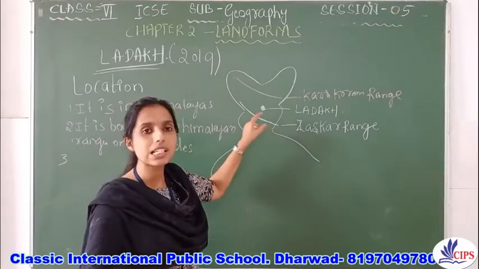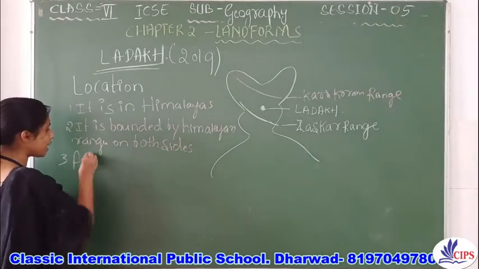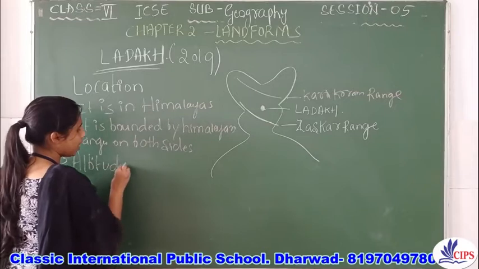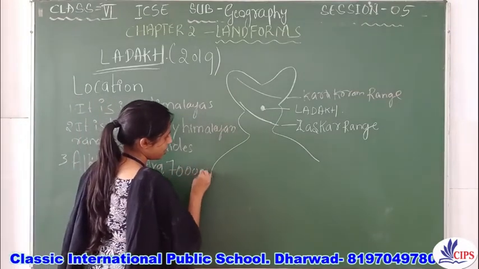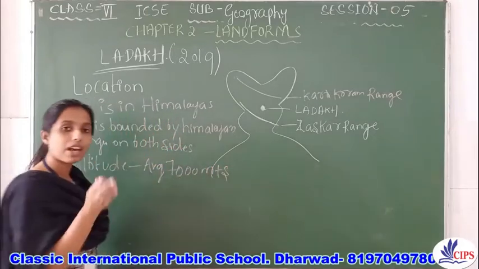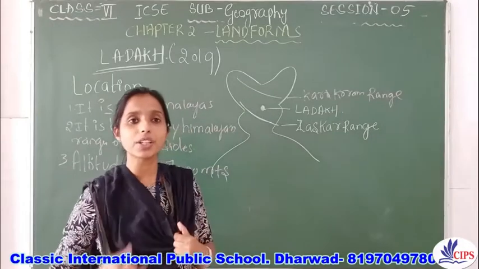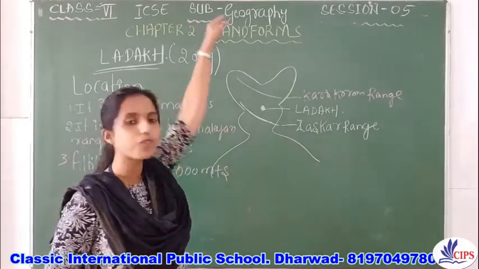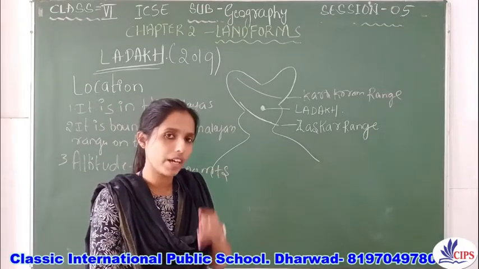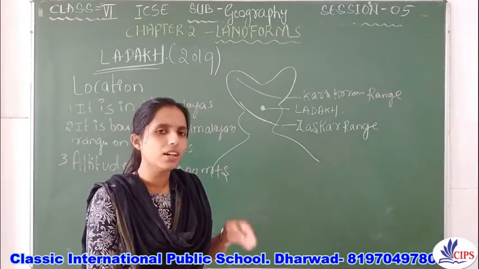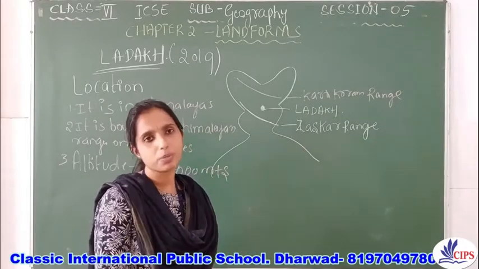That is true for this Ladakh because the altitude of this region, that is the height of the region, is on average 7,000 meters from the mean sea level. See the altitude of a region, 7,000 meters from the mean sea level, whereas a plain area usually has 160 meters to 180 meters from the mean sea level.